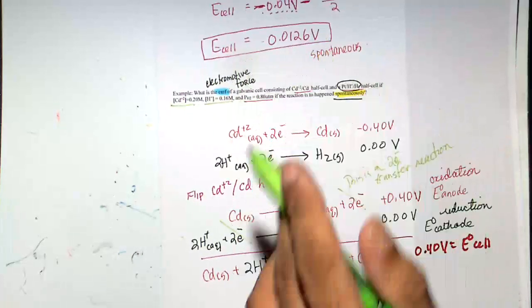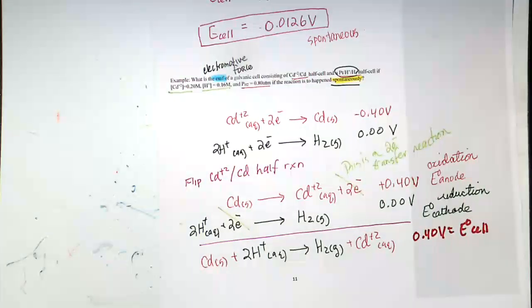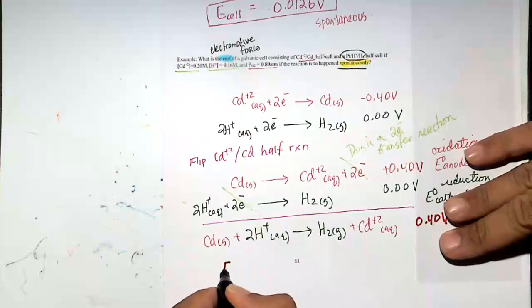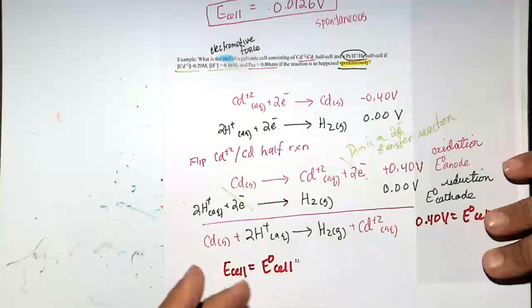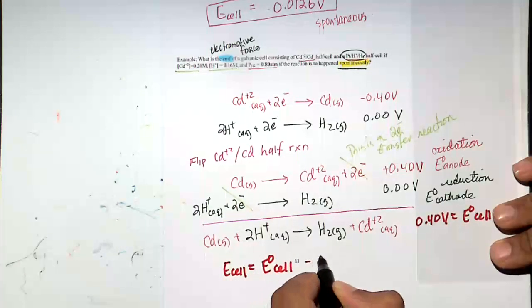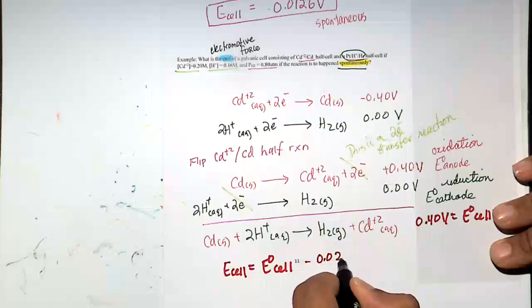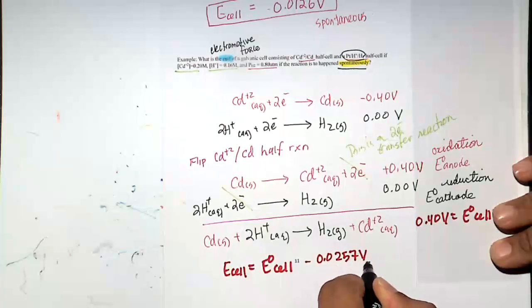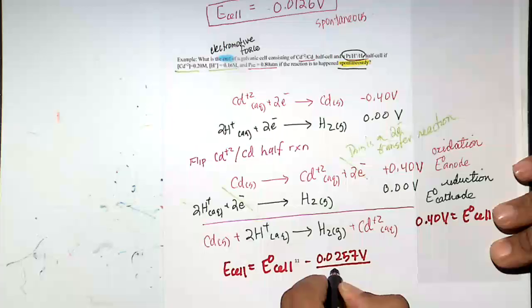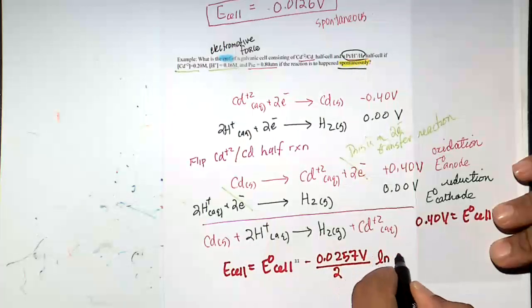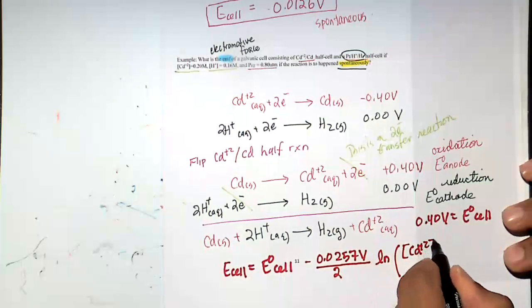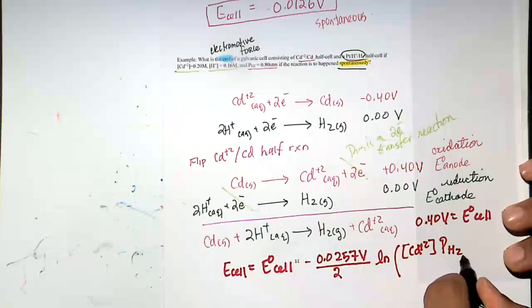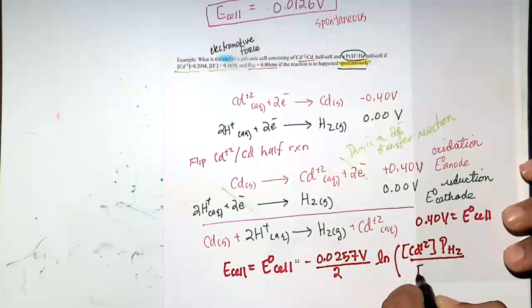So let's see what the voltage will be under these conditions. Once again, we're going to use the Nernst equation. E cell equals E cell standard, which we already solved for, minus, I'm going to use the natural log one, 0.0257 volts over n, and this is a 2 electron transfer reaction, so 2, times the natural log of products over reactants.